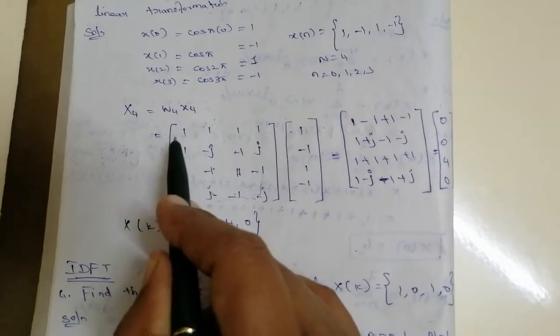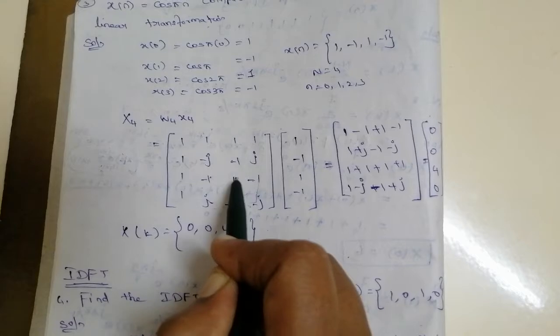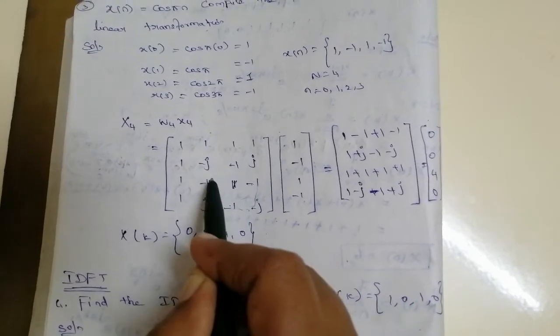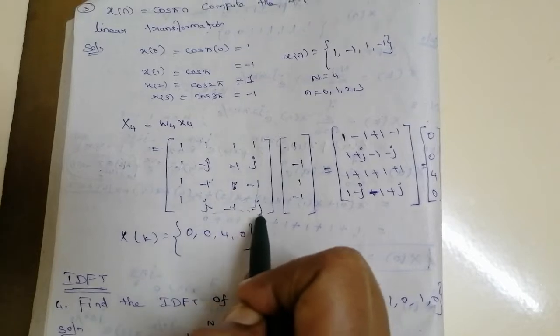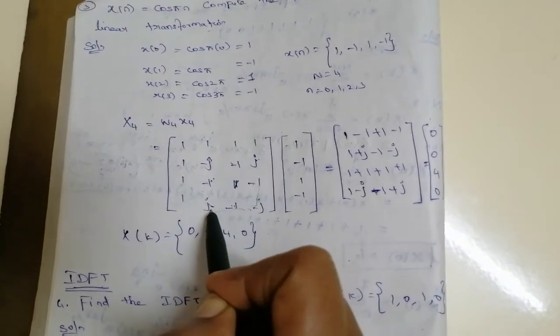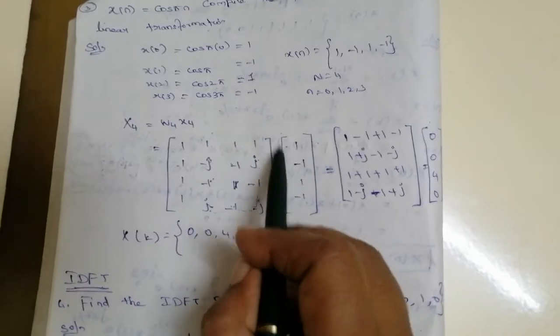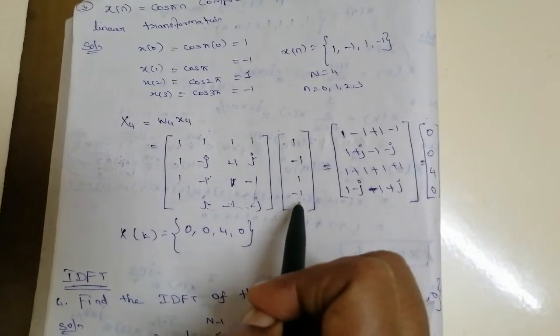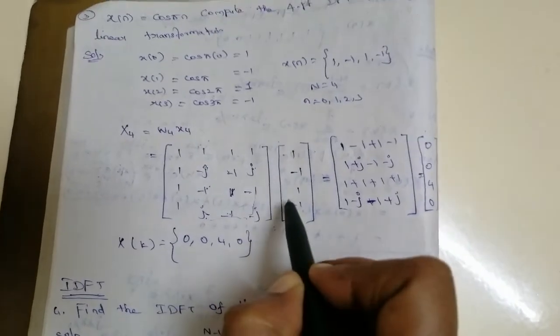First row, first column is 1. Of the remaining 9 values, the center portion is 1. Around this center, 4 values are minus 1; here minus j, opposite minus j, here plus j, then opposite is plus j. Likewise you can easily remember it. Then this matrix is multiplied with the input sequence, that is 1, minus 1, 1, minus 1.